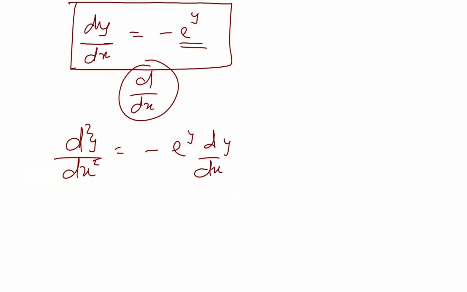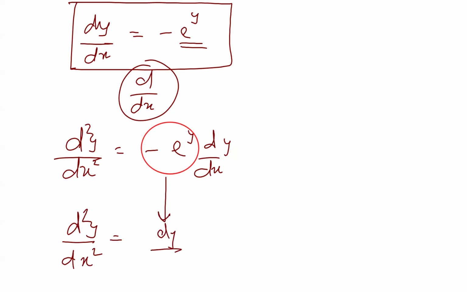Now it depends on your observation. Once again, please tell me what is the value of minus e raised to y? What is the value of this? Come on, tell me. Yes, it's in this particular slide itself. So d square y by dx square is equal to, this value is dy by dx.